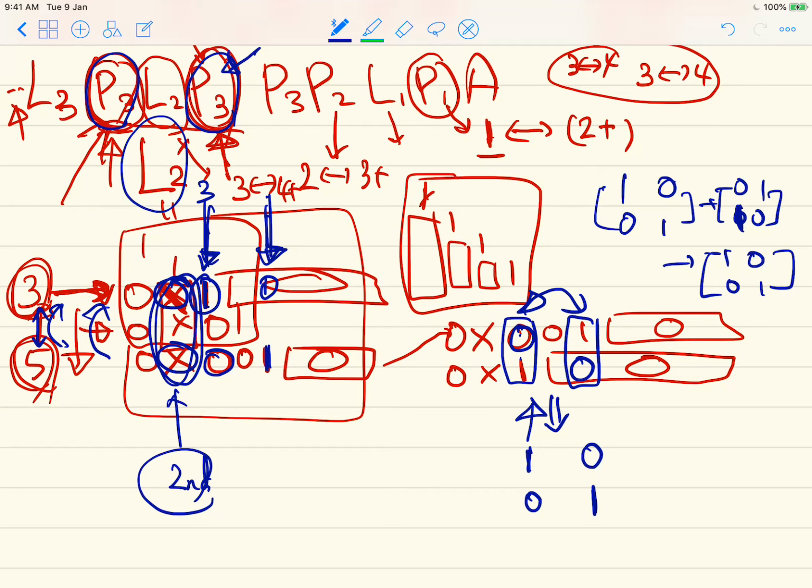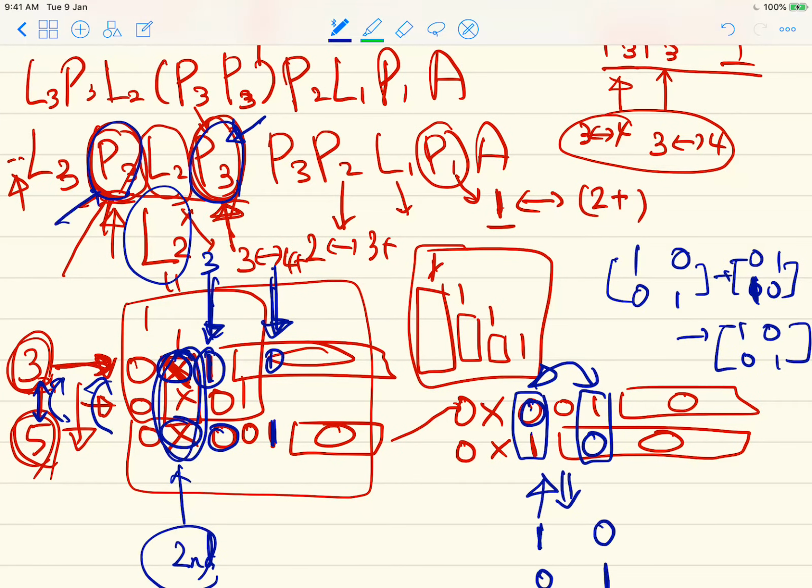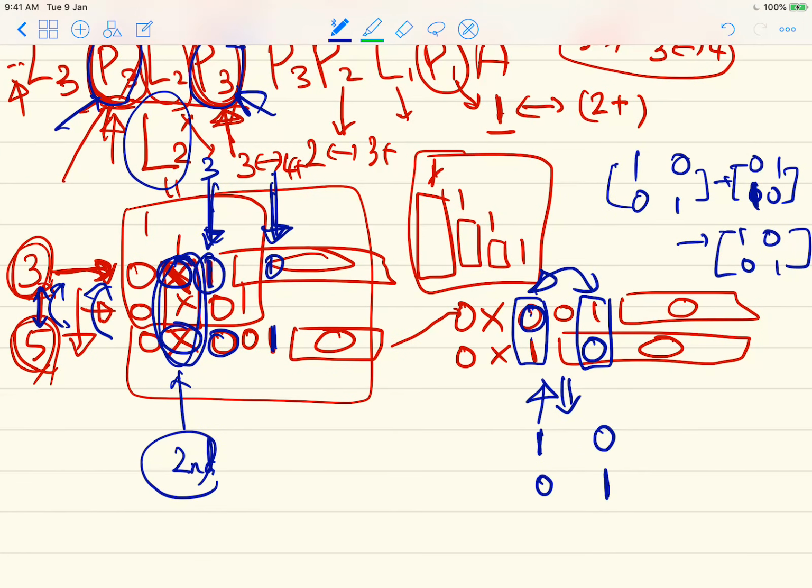Okay, so what is the result? When applying this row permutation and the column permutation, it is just the same as changing those two values in the corresponding column that has a non-zero element.